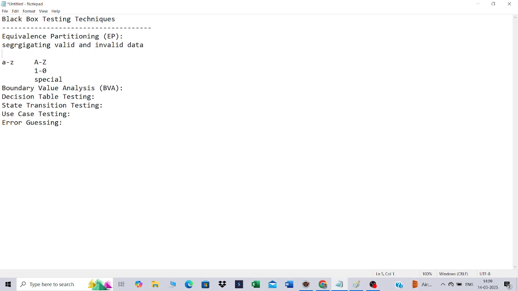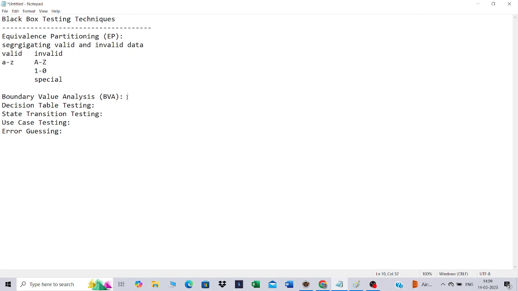Okay. So this is how we have to segregate the data. What are the valid conditions, what are the invalid conditions? That is how we have to go with equivalence partitioning, guys.